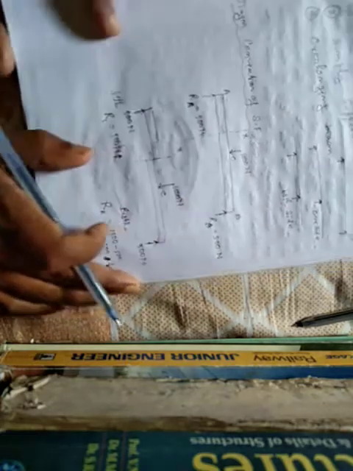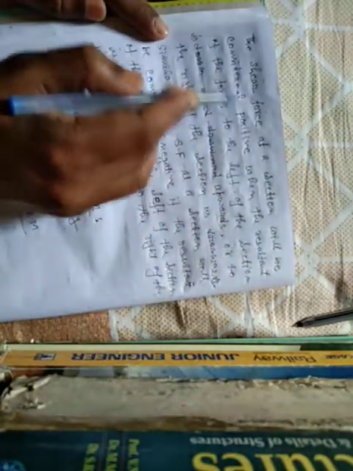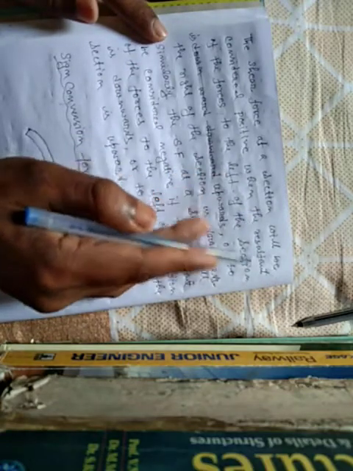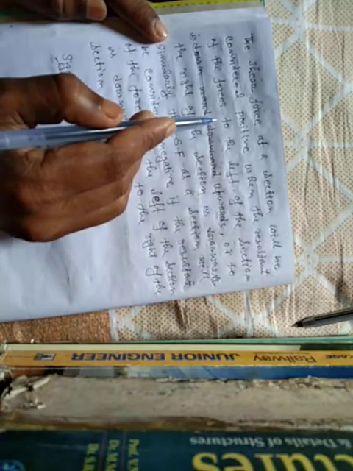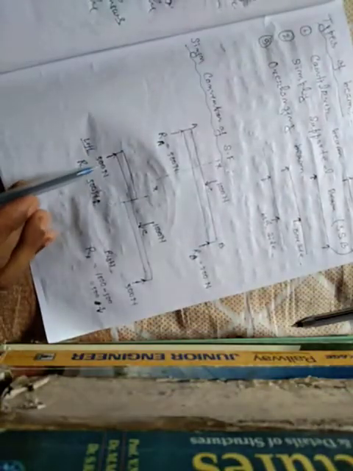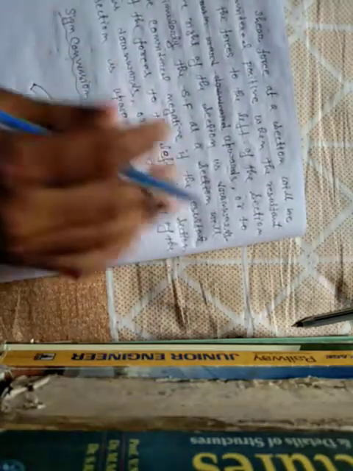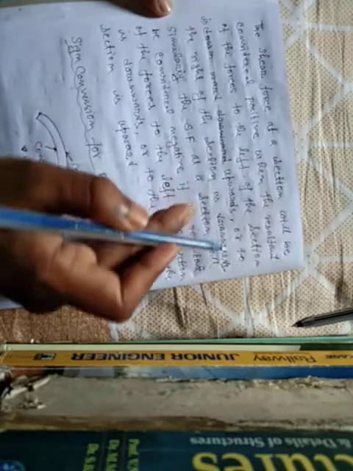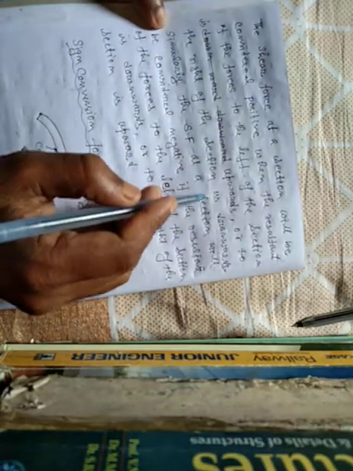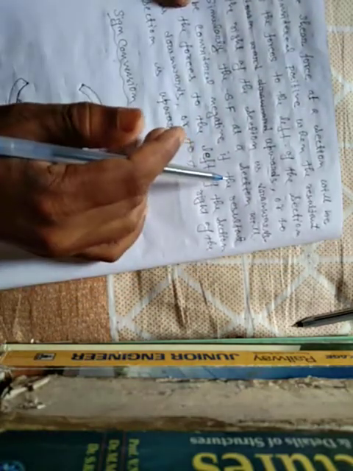So in this case for simply supported beam, the shear force at a section will be considered positive when the resultant force to the left of the section is upward direction. The resultant force on the right of the section is obviously downward.